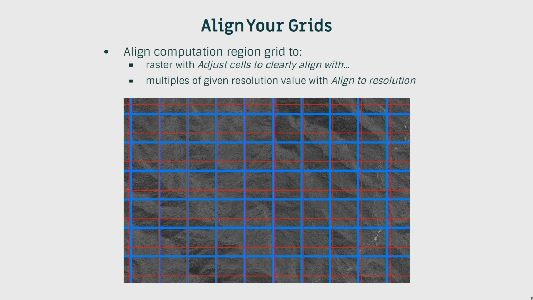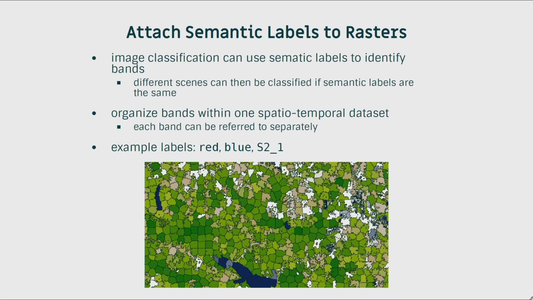So it will actually match your input raster or your NLCD dataset or something else which is the main grid you are using. You can also align it to multiples of a resolution. So you can have 10-meter resolution, but your grid cells will start at 12 meters, 22 meters, 32 meters. So with this align option, you can actually have your cells at 10 meters, 20 meters, 30 meters, something which is more what you expect.